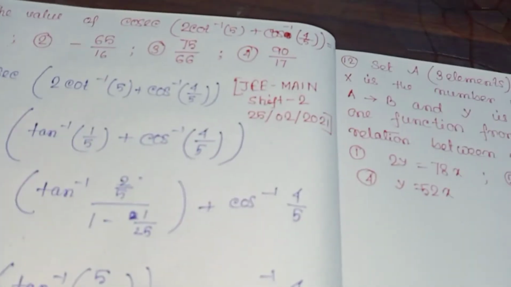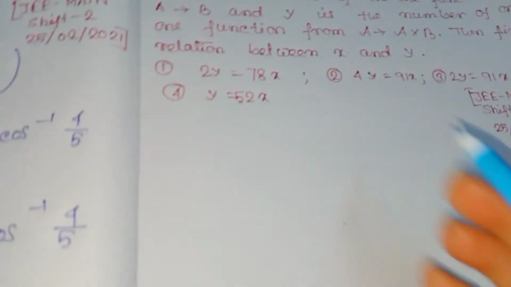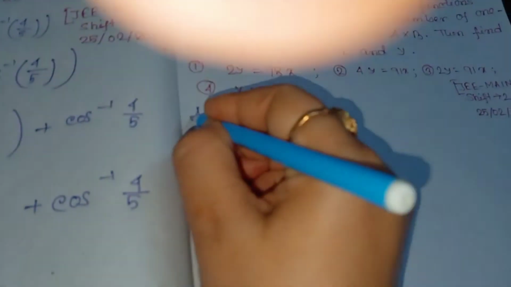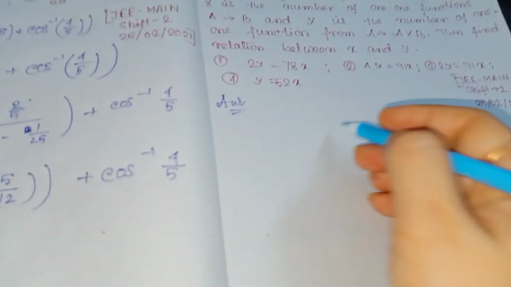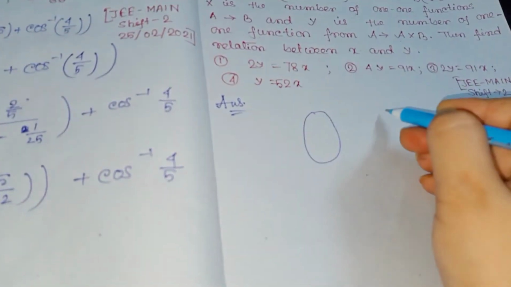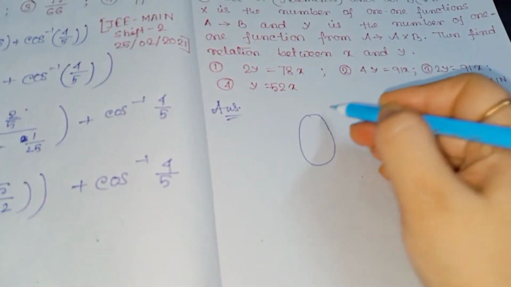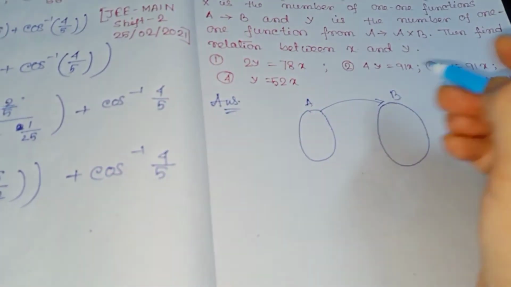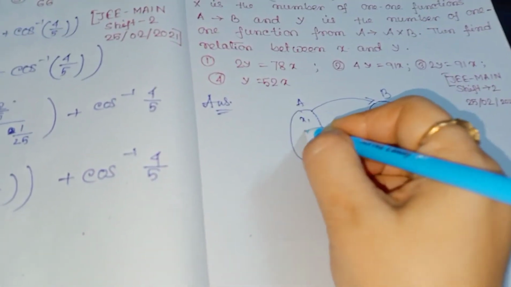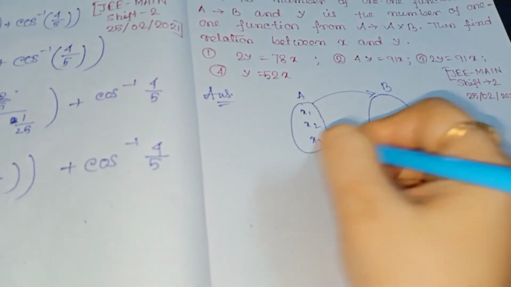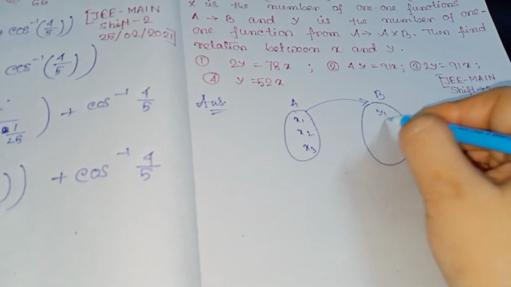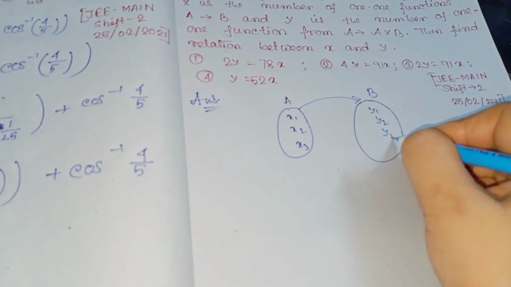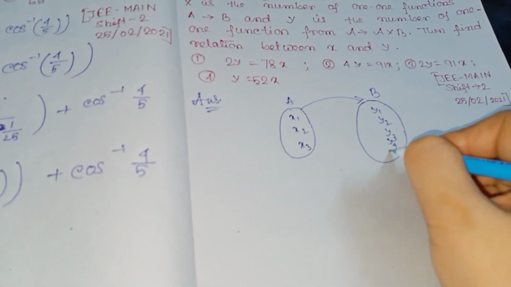So let's draw the picture at first. This is set A and this is set B, and it maps A to B. Here is x1, x2, x3, and y1, y2, y3, y4, y5.